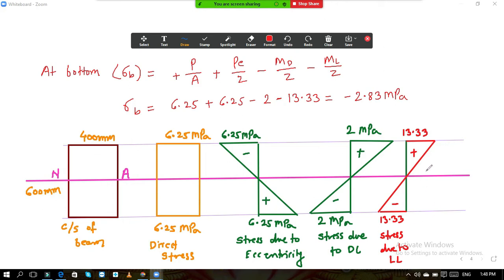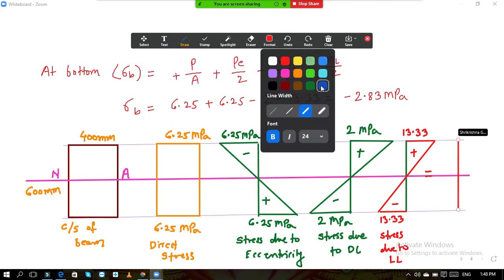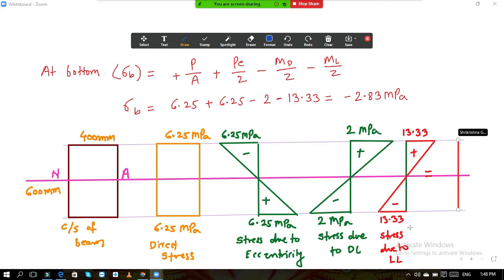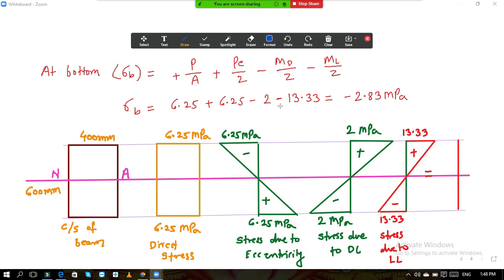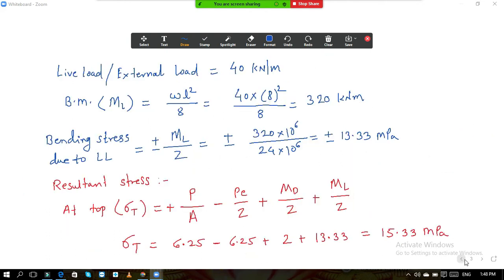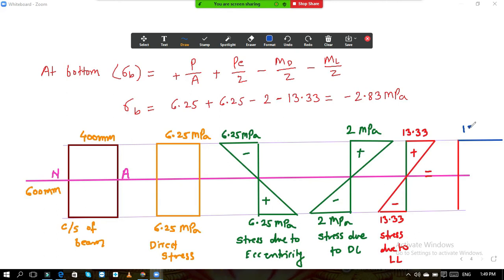And finally, when you combine all these diagrams, you will get the resultant stress distribution diagram, and that should be drawn over here. Now if you draw the diagram, then the total sigma T and sigma B. What is the value of sigma T at top? It is plus 15.33, and at bottom it is minus 2.83. So at plus the value is maximum. So I will draw up to this extent. It is 15.33 megapascal. You write the unit accordingly.